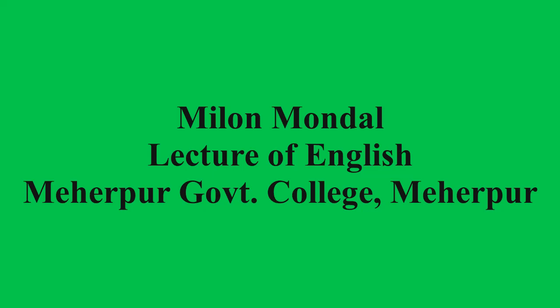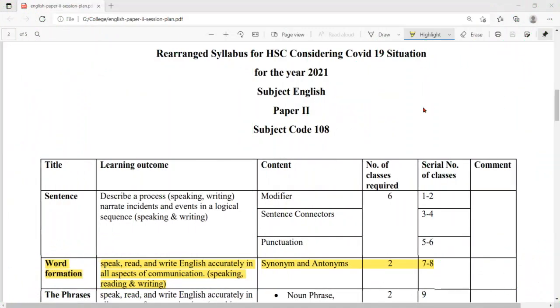Today, I'm going to take the very first class for you, and the class is on the rearranged syllabus for you, the HSC level, and those who are studying in the session of 2021 to 2020.